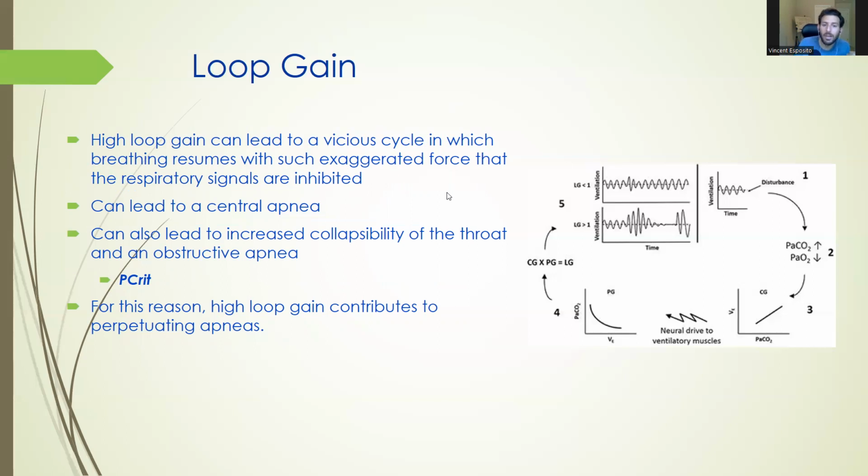So if you're having exaggerated breathing, like in this bottom graph here, that's increased force into the airway, increased suction, increased negative pressure, which again can over time collapse the airway. So you can already see how loop gain and peak crit are fundamentally related.